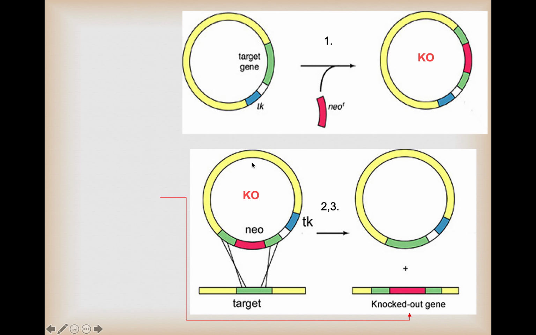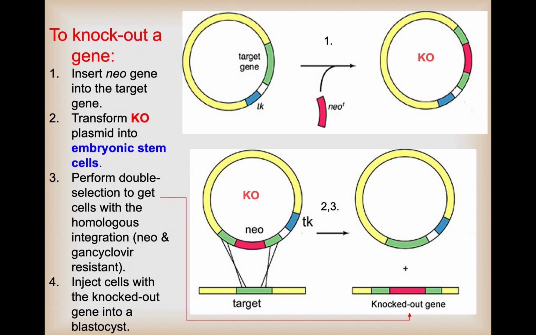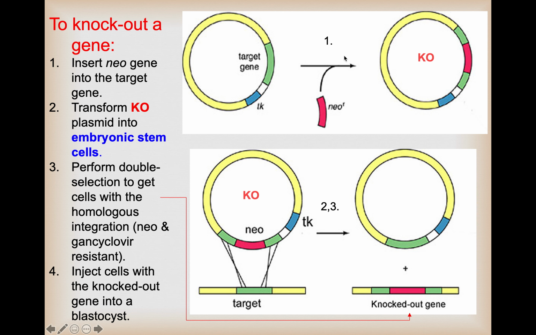Now, to explain knockout and how you can design an approach: you have your target gene, inserted into your vector of interest. Most of the time, a transgenic animal vector has the TK gene. That is one of the criteria for screening purposes. And you need to insert the neo gene into it.